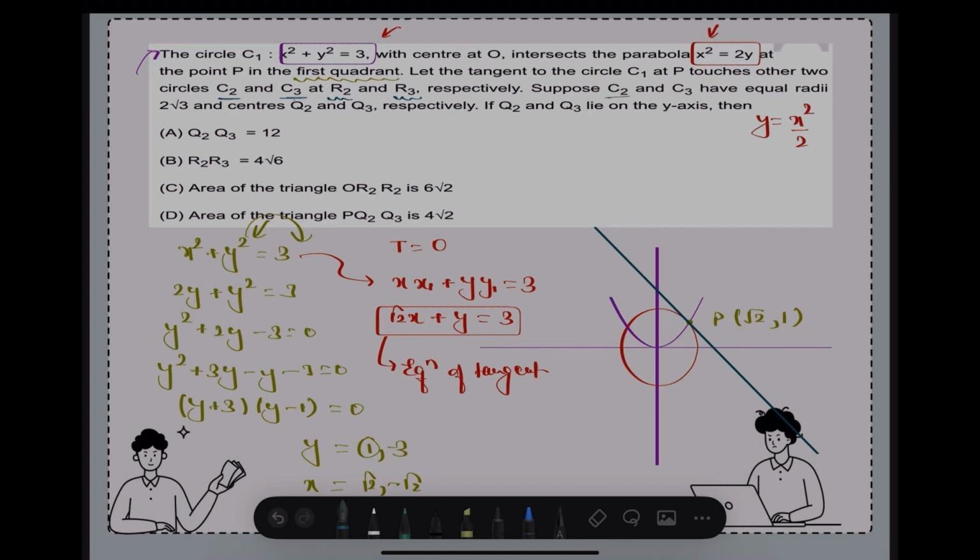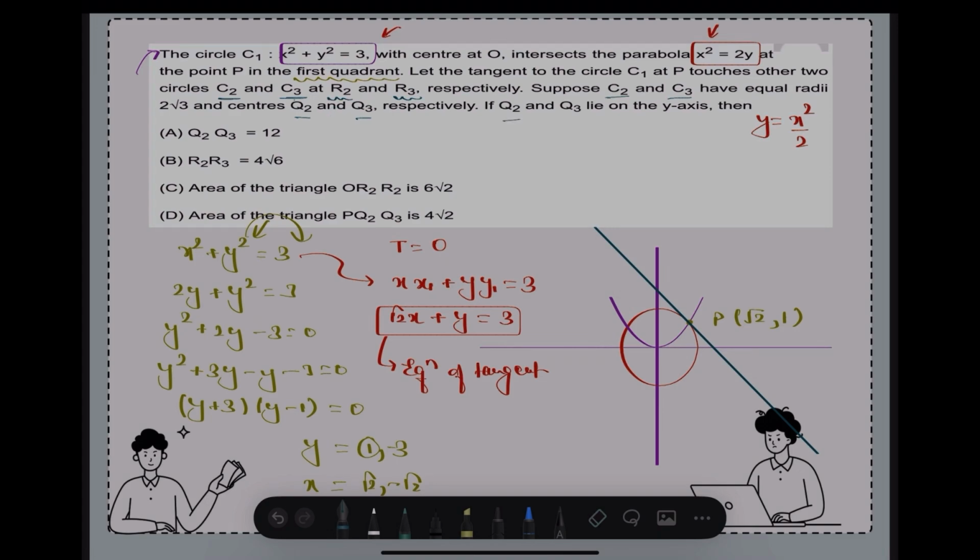Suppose C2 and C3 have equal radii, means the radius of the circles is the same. The radius is given as 2 root 3 and the centers are Q2 and Q3, with points of contact R2 and R3.